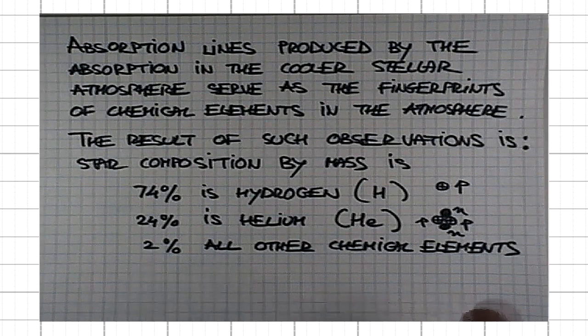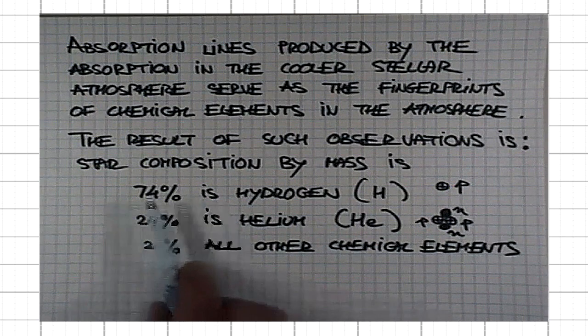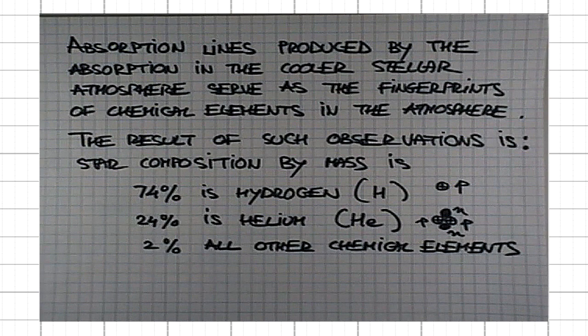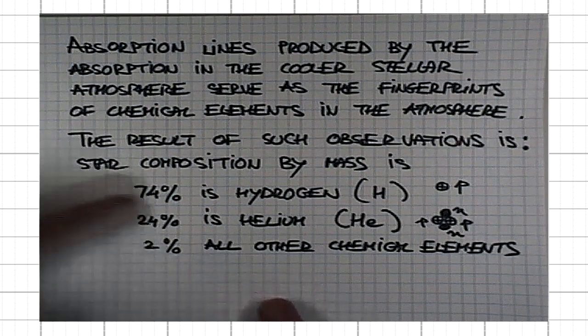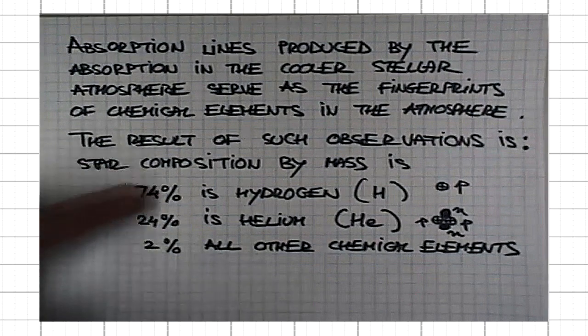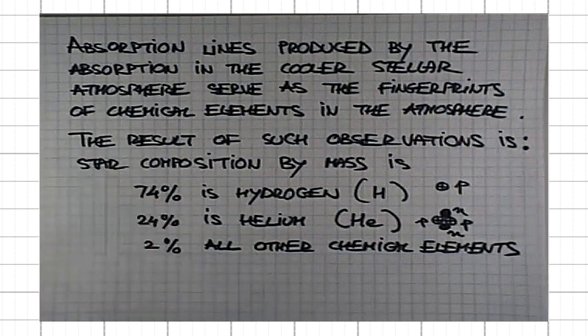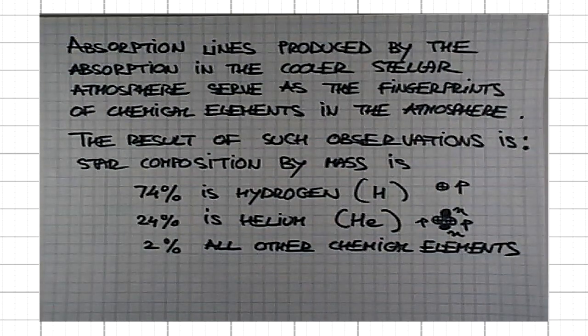So eventually they realized, yes, it exists also on Earth, but it's much more abundant in the sun, okay? So we now know what the composition of the Sun's atmosphere is, and that gives us also a good clue as to what the overall chemical composition of the Sun and other stars is.